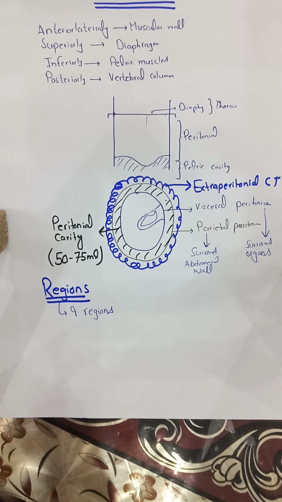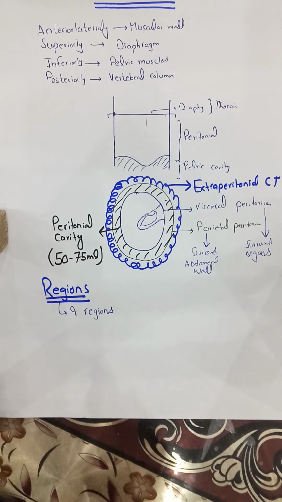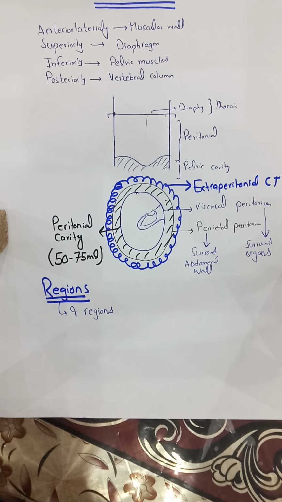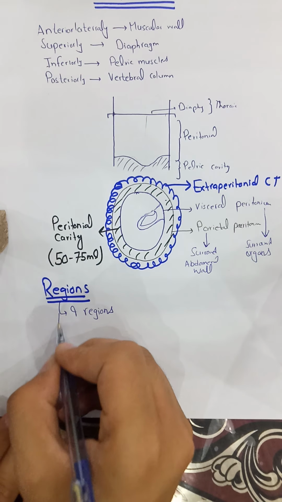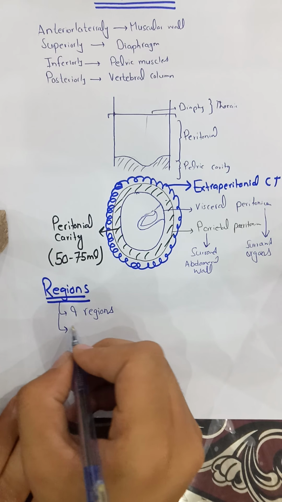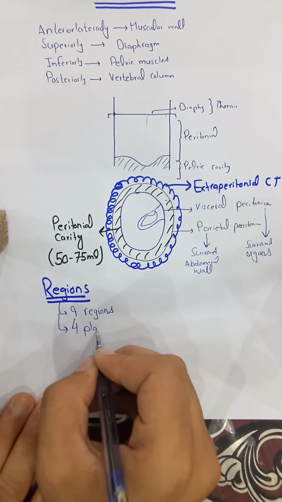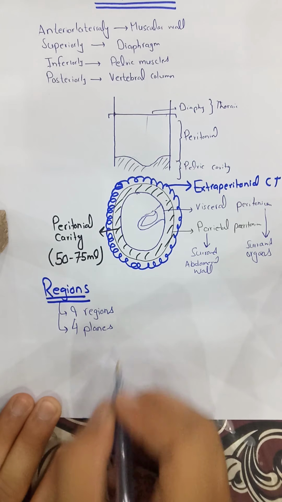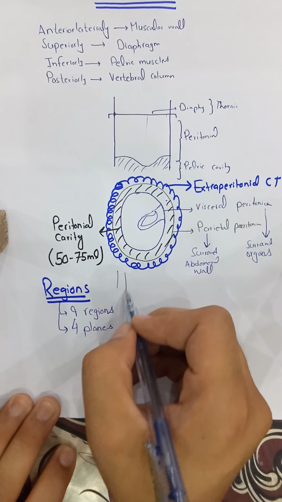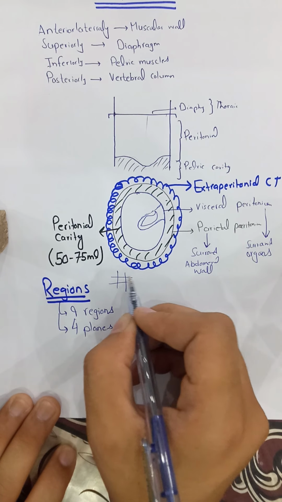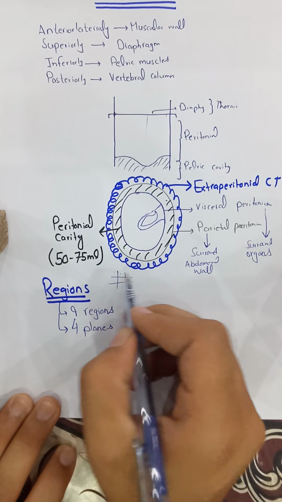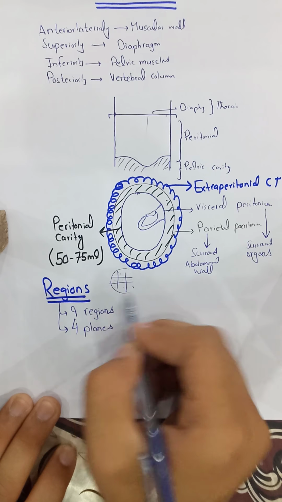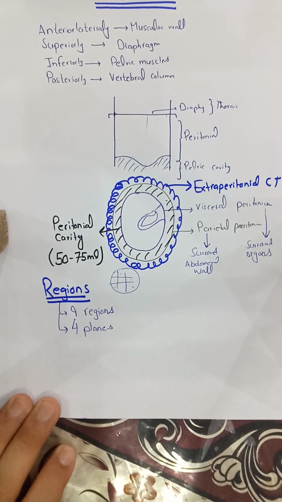Like we have divided the breast into 4 quadrants, in the same way we have divided the abdomen into 9 regions. And for this division we need 4 planes. Those 4 planes will divide the abdomen into 9 regions like this: 1, 2, 3 and 4. In this way we will divide the abdomen.